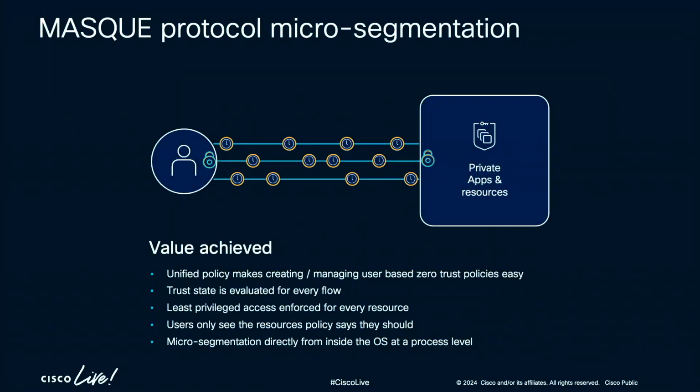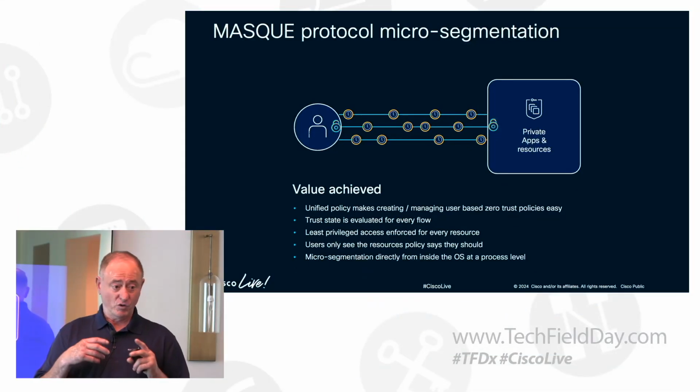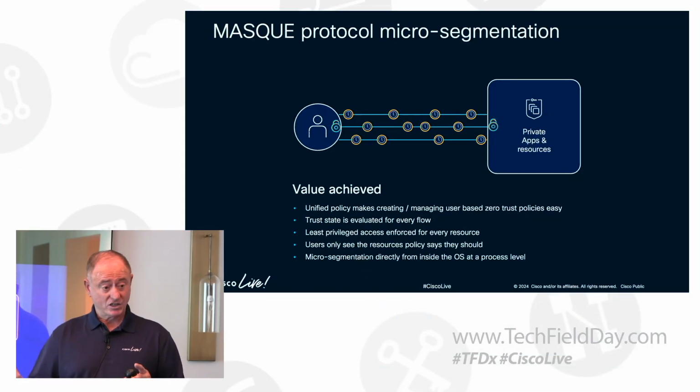Okay. One of the biggest features of the MASQUE protocol is it inherently has microsegmentation built into it. And that's a very important principle in zero trust. So the way it works in our solution is it's all process-based multiplexing. That means if you have Chrome and you're trying to access resources, all of the Chrome traffic is put in its own separate MASQUE stream.